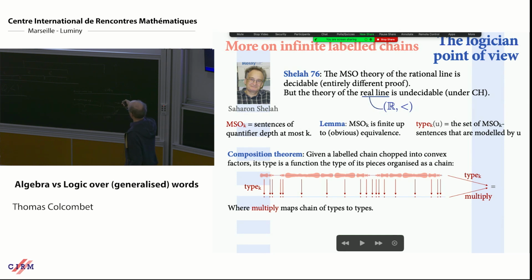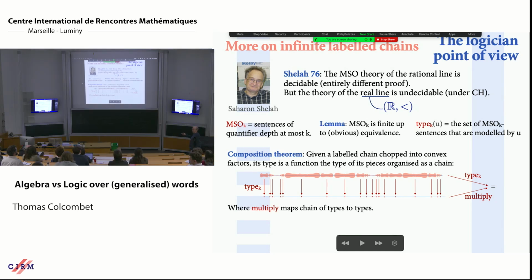It says that if you have a linear order and you chop it into pieces that are convex, then you can look at the type of each of the blocks. The type of the original sequence can be recovered from a kind of multiplication just on the types. You don't need to know exactly what the content is. You just need what formulas are true here, and how the pieces are organized together along a line, and that's sufficient for having the type of the result.